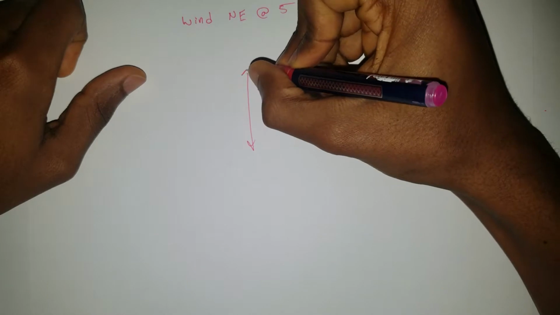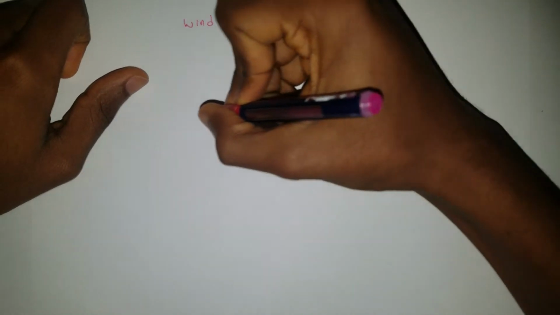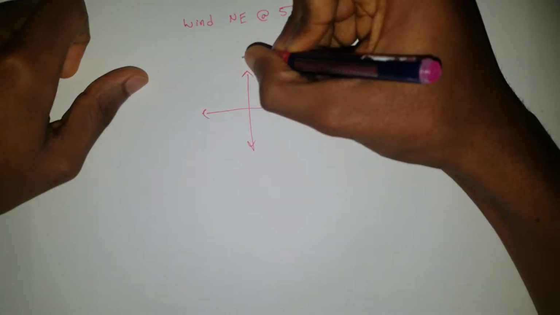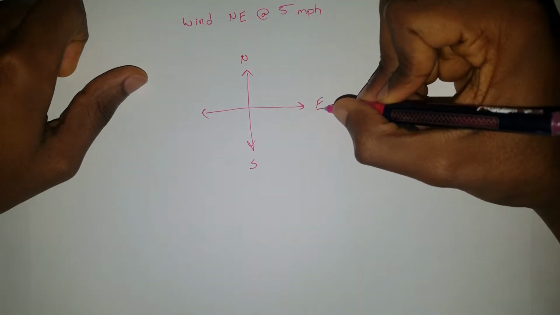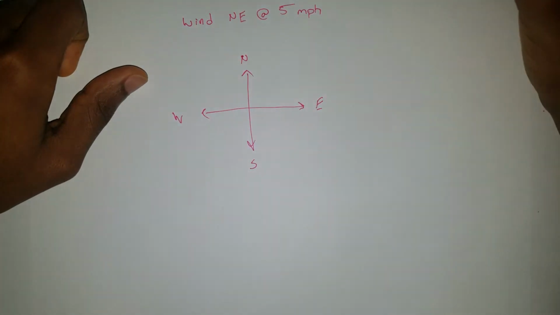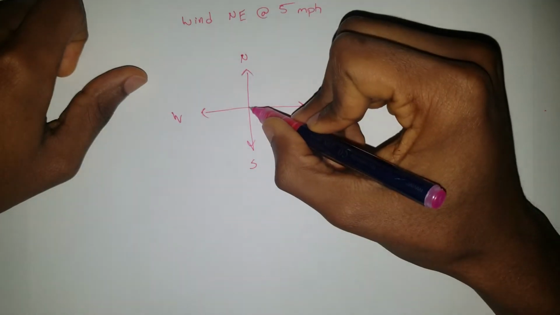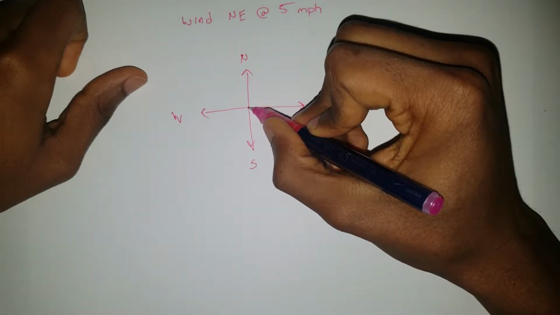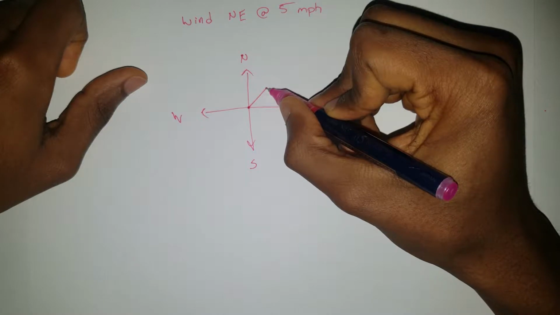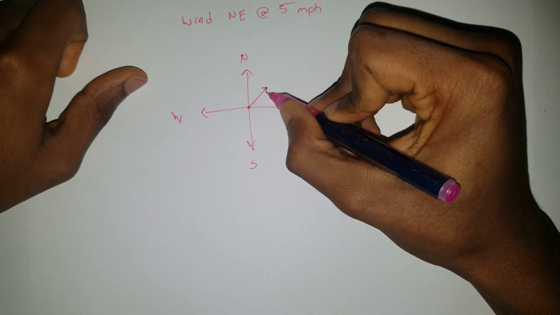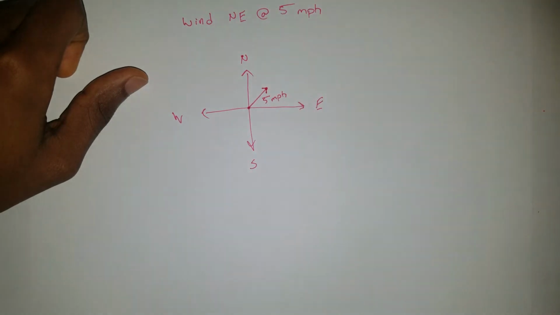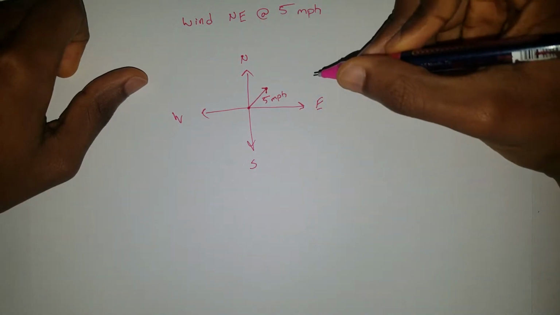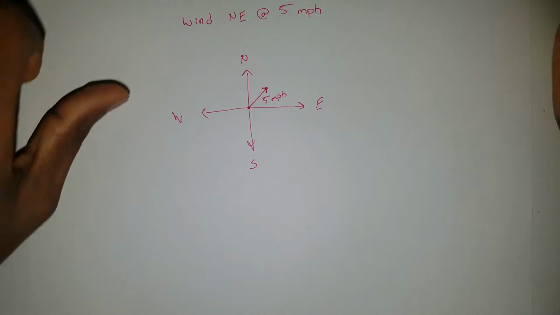Well, if we draw a coordinate system, this would be north, south, east, and west. We can say, okay, the wind is blowing northeast, direction, at magnitude 5 miles per hour. And this is an example of a vector.